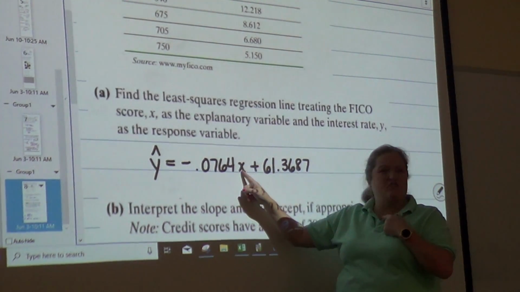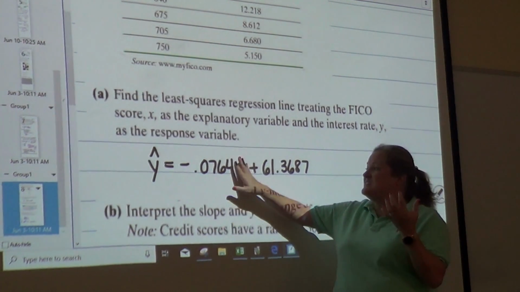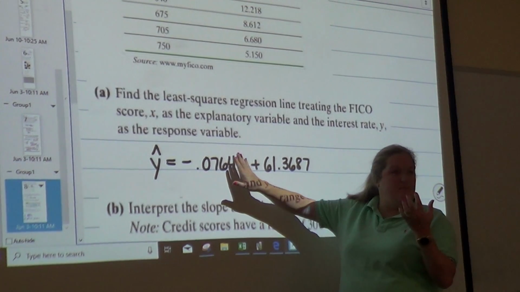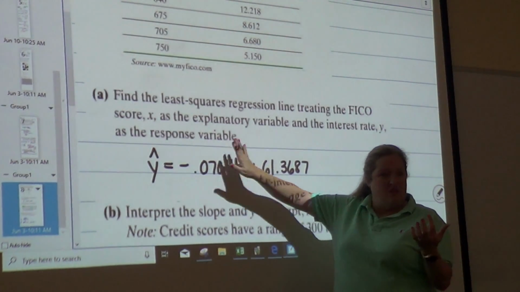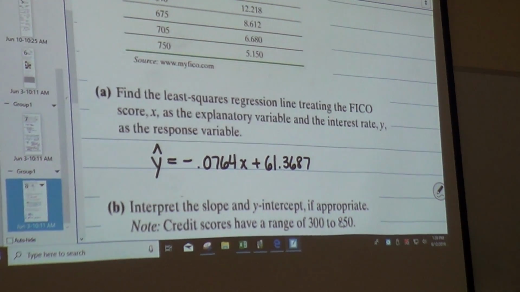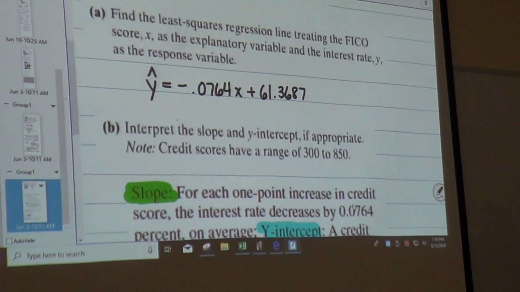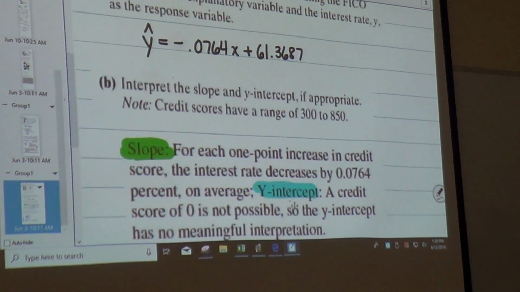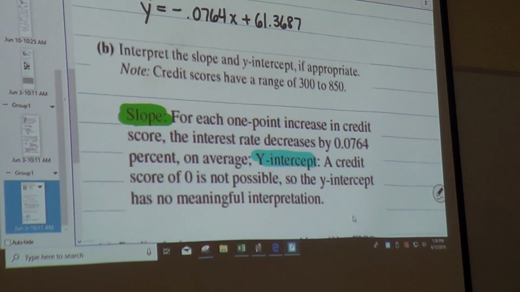Can anybody have a credit score of 0? No. Credit scores go from 300 to 850, so it doesn't make sense in this problem.